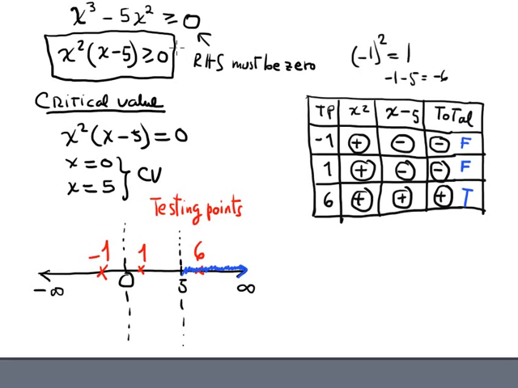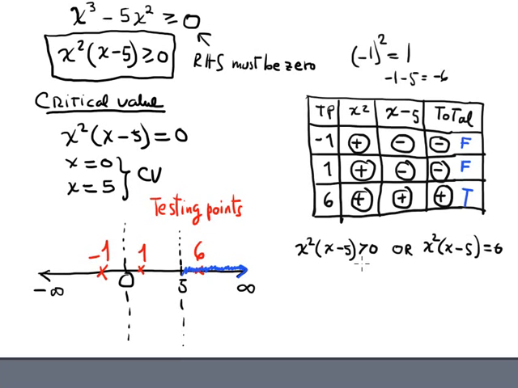Remember, our original problem is not a strict inequality. It's a combination of a strict inequality or an equation, because this sign is greater than or equal to.